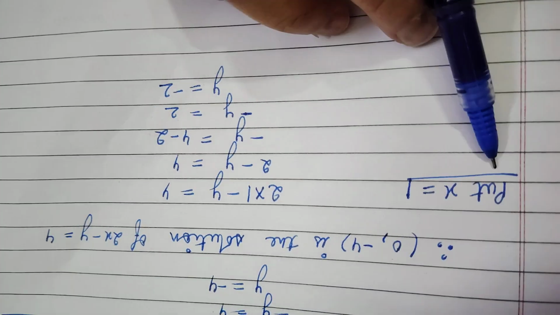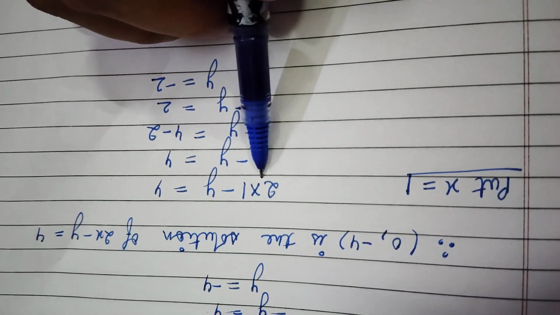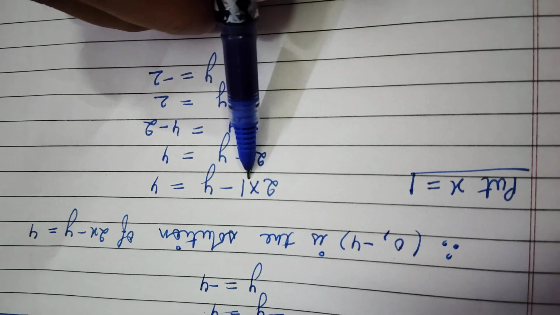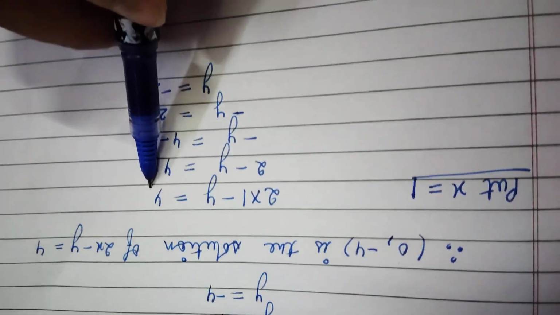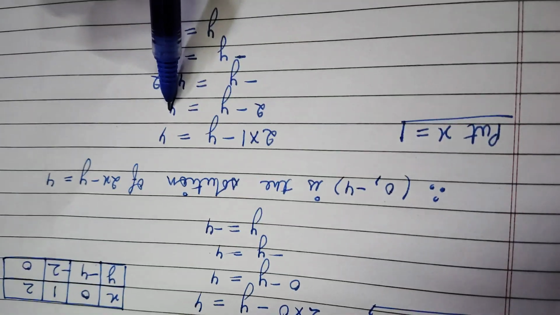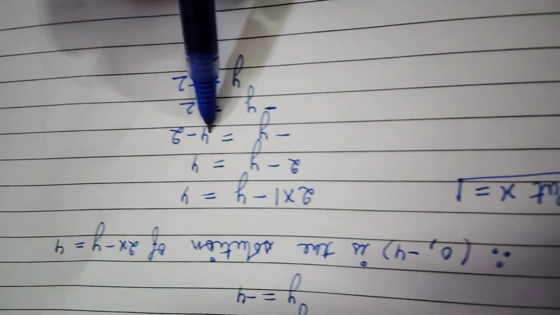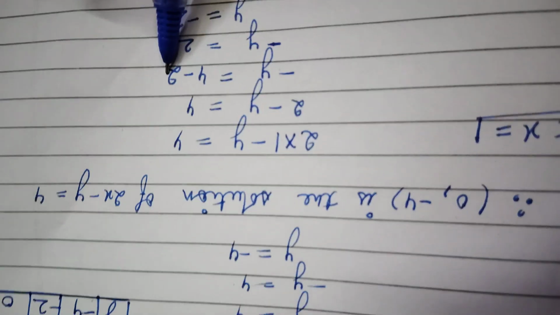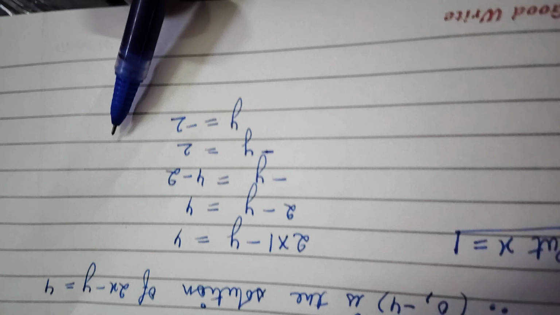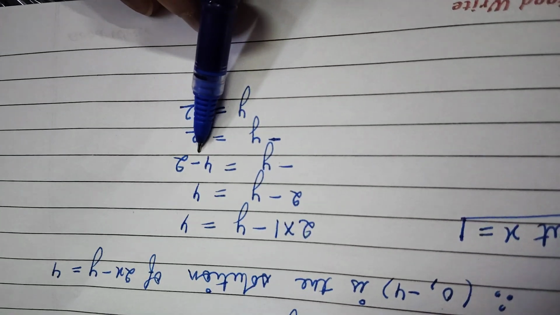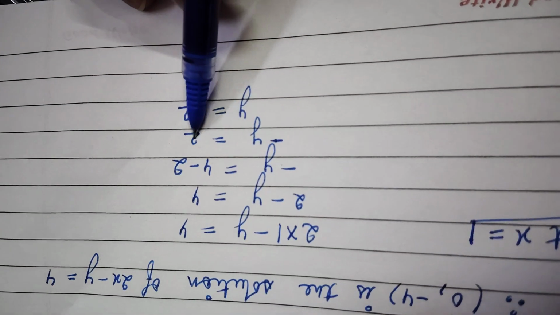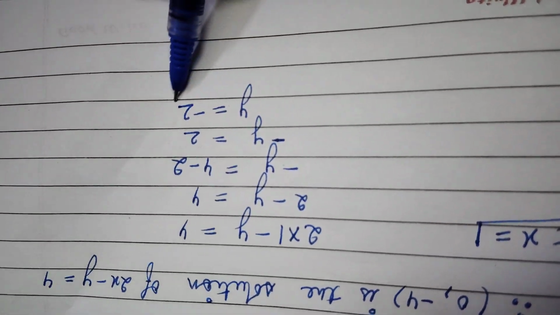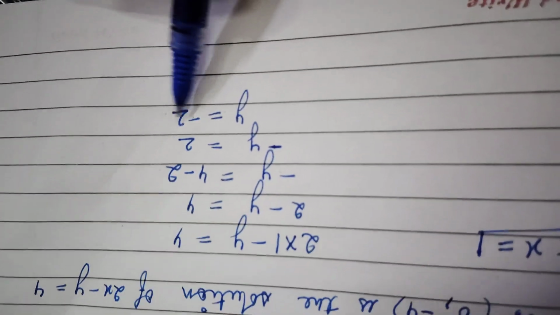Next, I am taking x equal to 1 here. Now put the value of x as 1. 2 into 1 minus y is equal to 4. 2 minus y is equal to 4. This 2 will go to the RHS by the transposition rule, so plus will become minus. So minus y is equal to 2. And when the minus goes there, 2 upon minus 1 is minus 2.